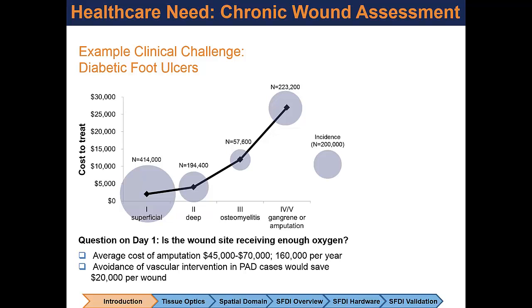One of the reasons that we want to develop new tools is that there is a big challenge in the healthcare system of containing costs, but also improving outcomes for patients. Let me give you an example: chronic wound assessment, measuring or predicting the formation of diabetic foot ulcers.